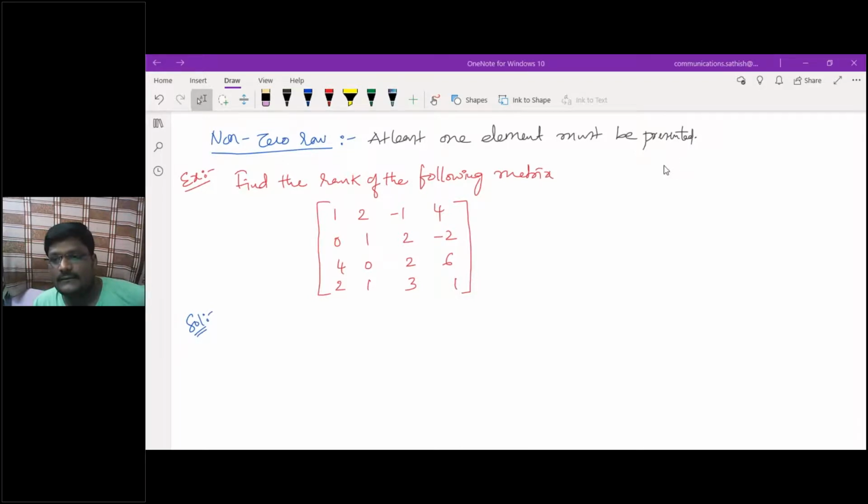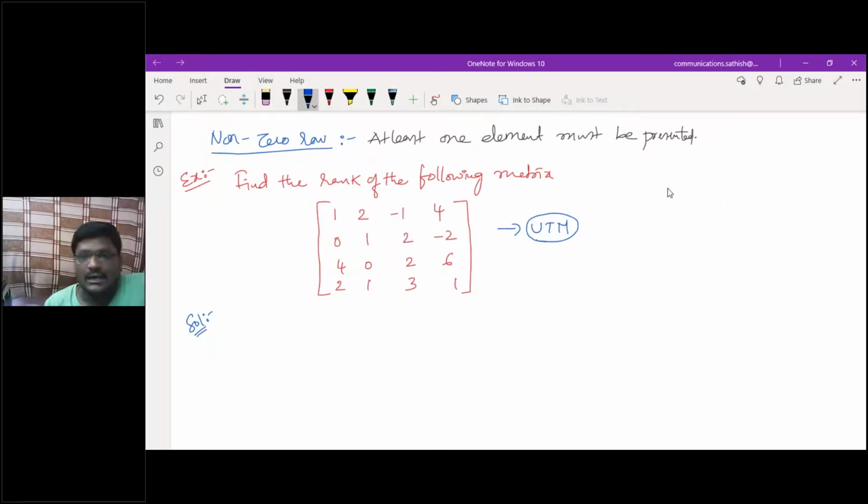I need to convert your matrix so that below the diagonal elements must be zero. Zero, sir. Upper triangular matrix means I need to make below diagonal elements zero. So in order to make the given matrix into upper triangular matrix, I have to consider only row operations.